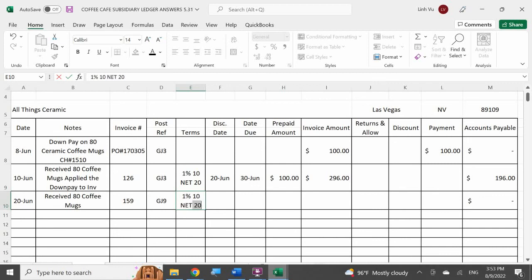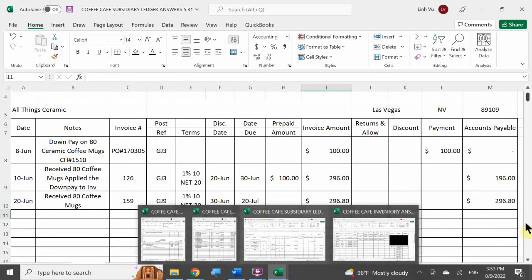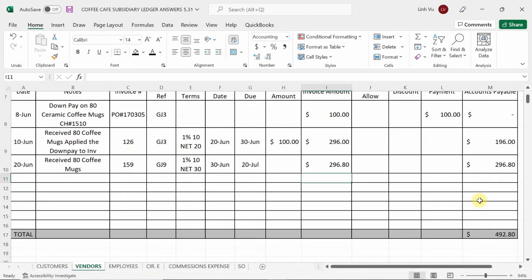The discount date is the 30th of June. The due date is the 20th of July. Yes, and the invoice amount was $296.80. And we owe it. So in grand total, I owe all things ceramics $492.80.